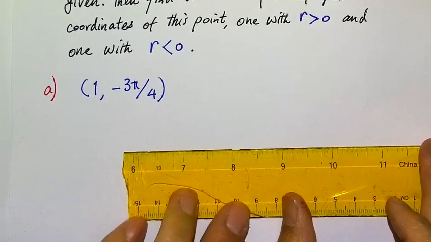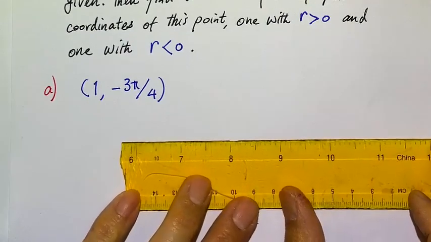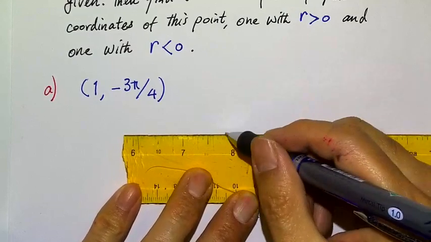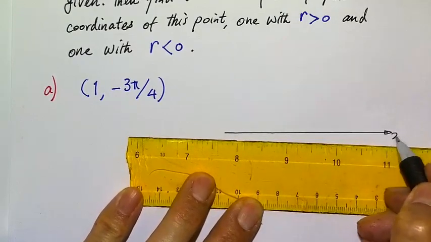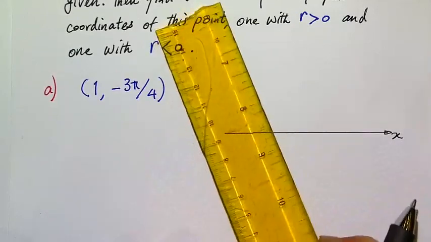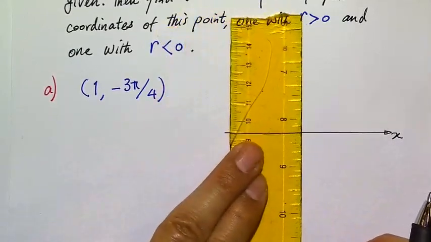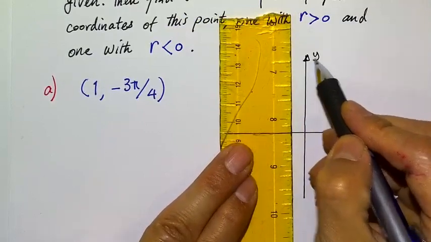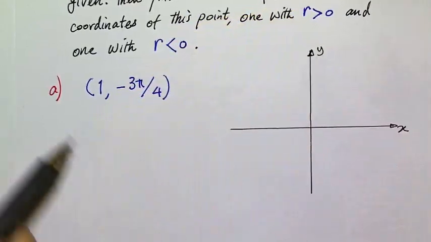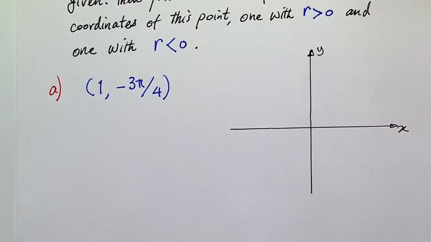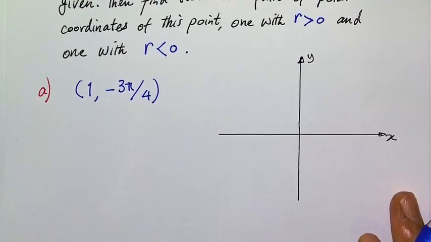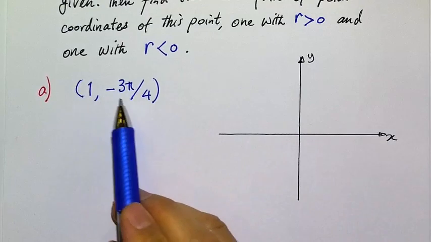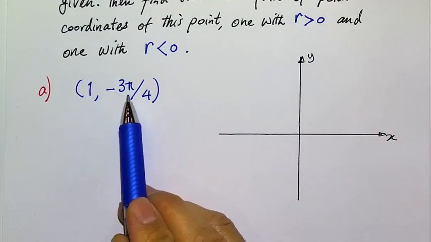And the first thing, of course, I'm going to do is take my own advice and graph this point. So we want to know where this point is within the plane. So 1 is some distance and is positive, and then minus 3 pi over 4.